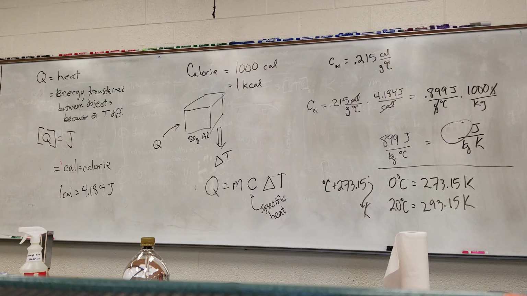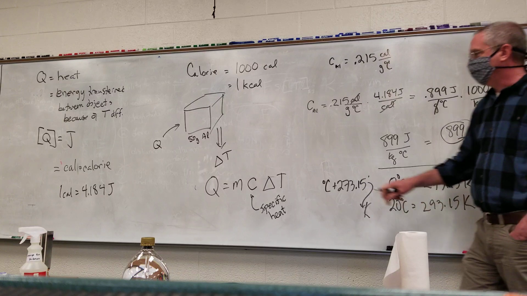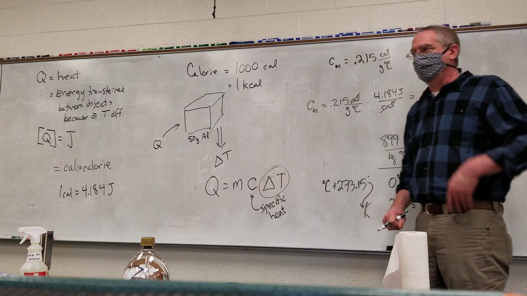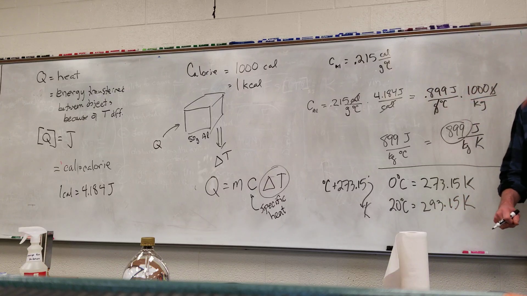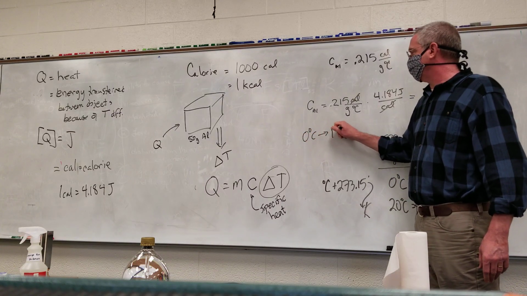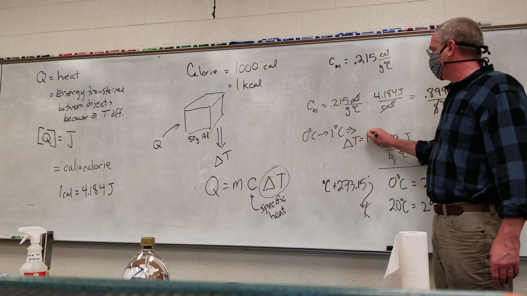It is. Because what we care about is the change in temperature. 1 degree Celsius in a change is the same as 1 Kelvin in a change of temperature. So 0 degrees Celsius to 1 degree Celsius, the change in temperature is 1 degree Celsius.